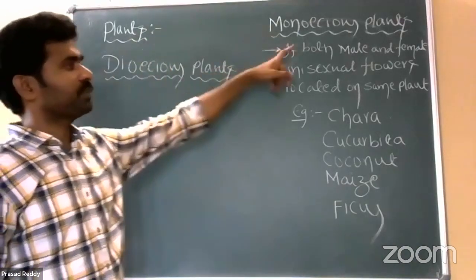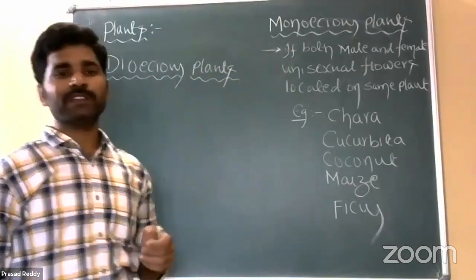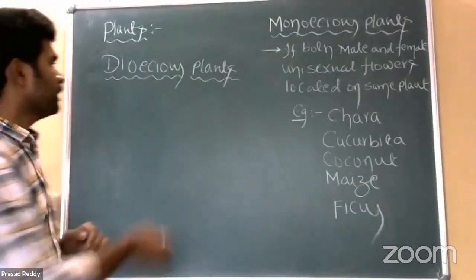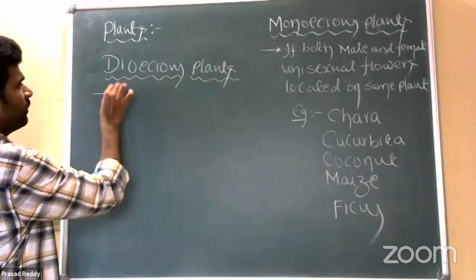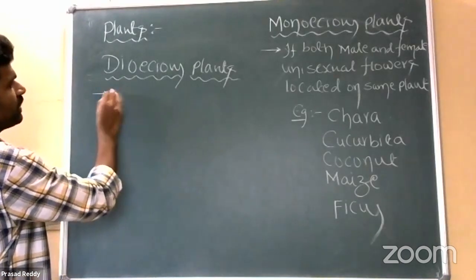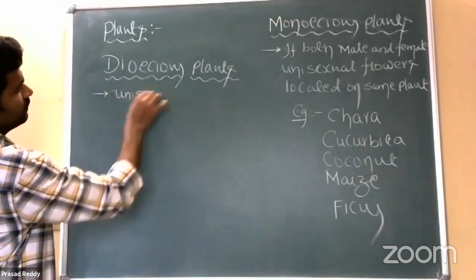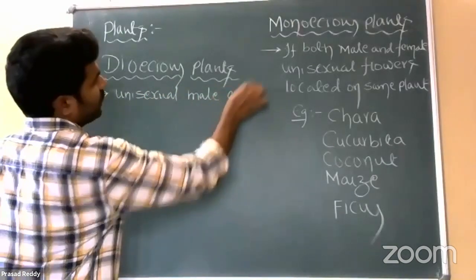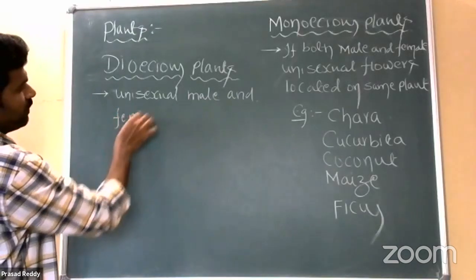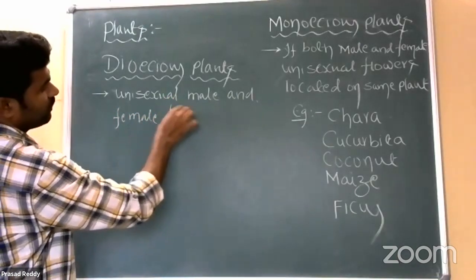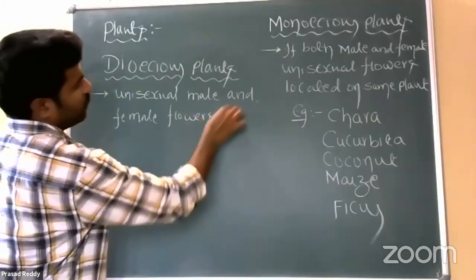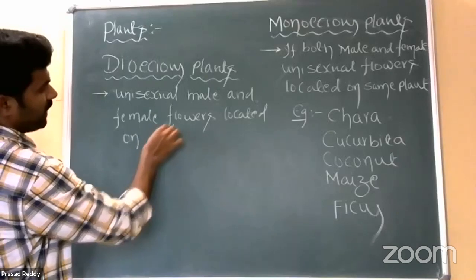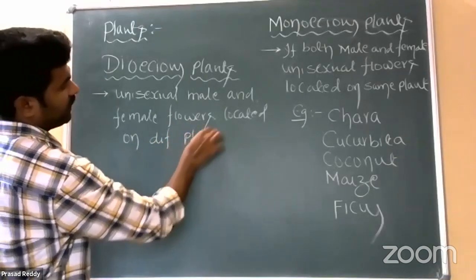Quite opposite to this: male and female unisexual flowers are located on two different plants. Both male and female flowers, unisexual, located on different plants are called dioecious plants.